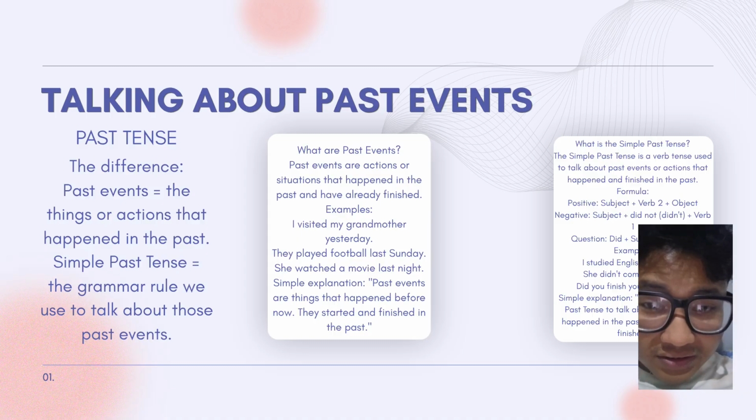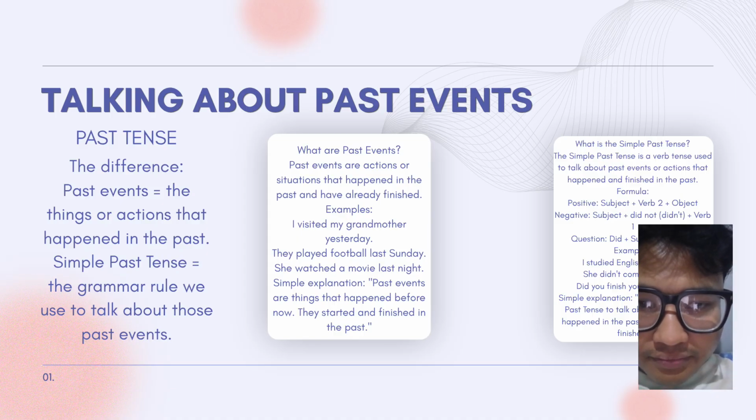For the time expressions: yesterday, last night, last week, last month, last year, 2 days ago, in 2024. You can also change the year to another year before this year.